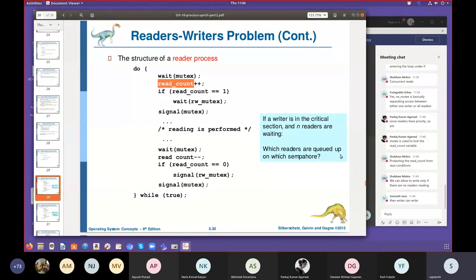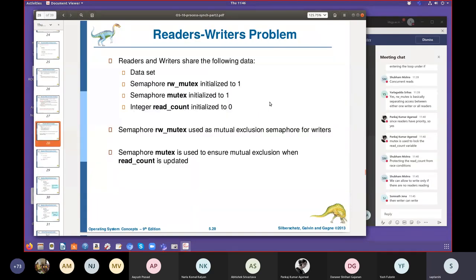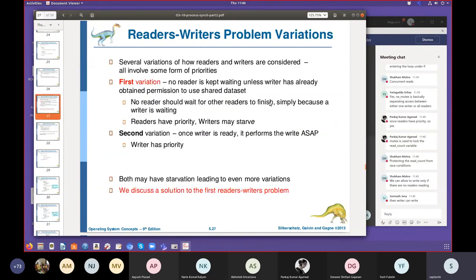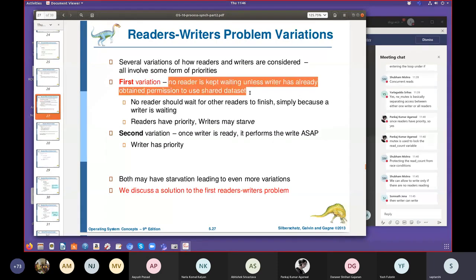Exactly what Shubham and Somnath are pointing out. That complication is because of what we have decided, that readers should have priority, right? So we can allow to write only if there are no readers reading. If this was not the case, then maybe this solution would have been simpler.